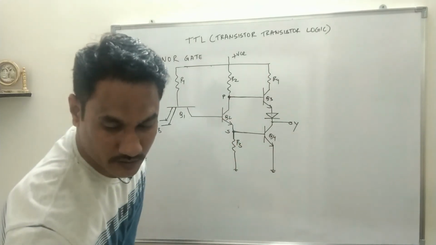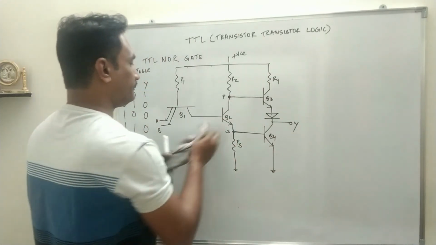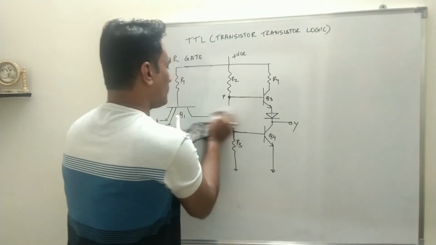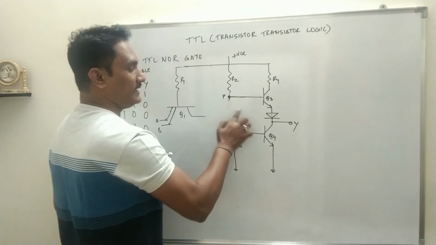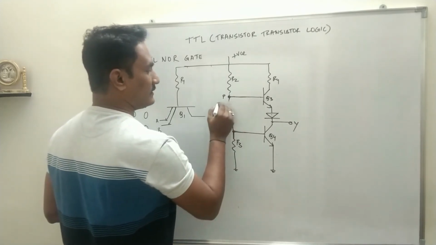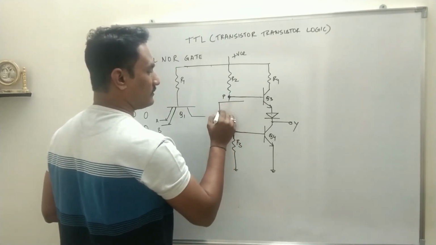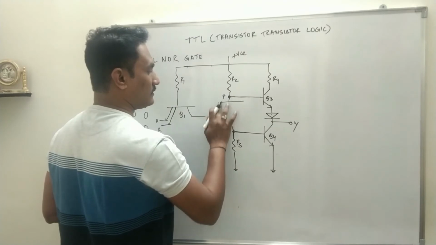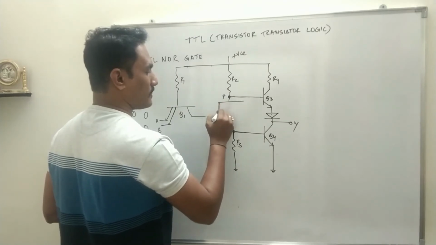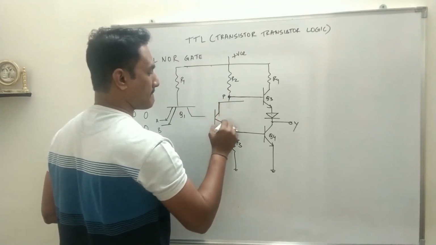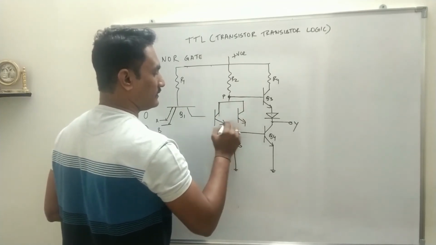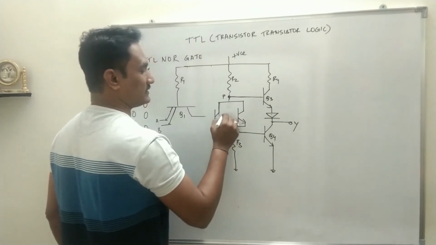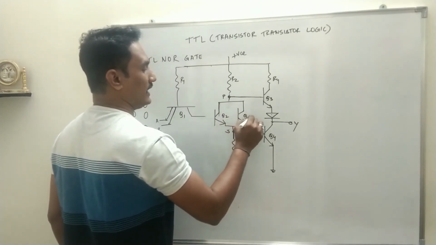The first change is that between point P and S we will connect not one but two transistors. I will name them Q2 and Q6.